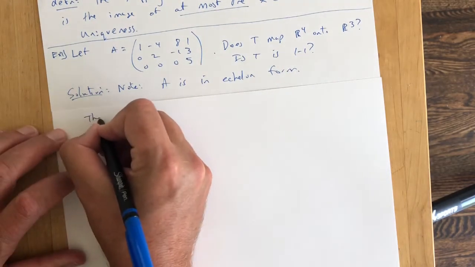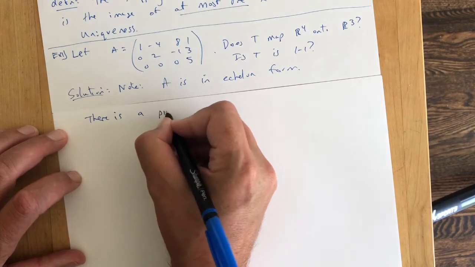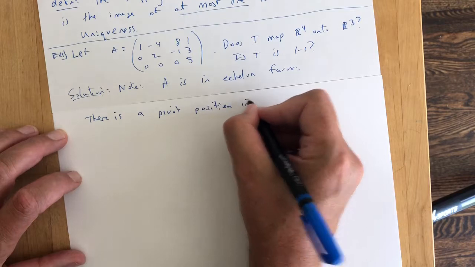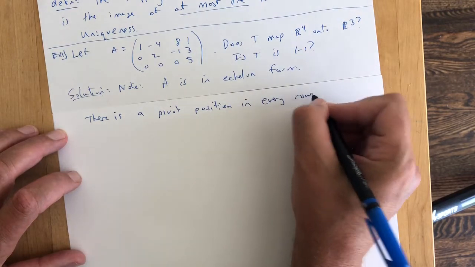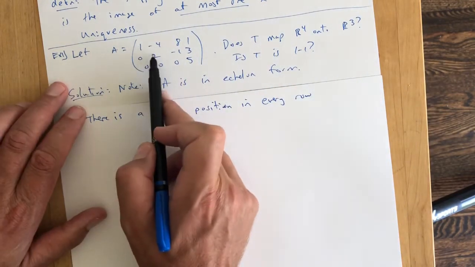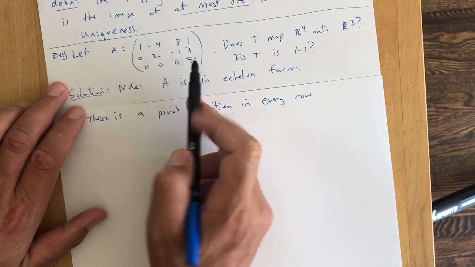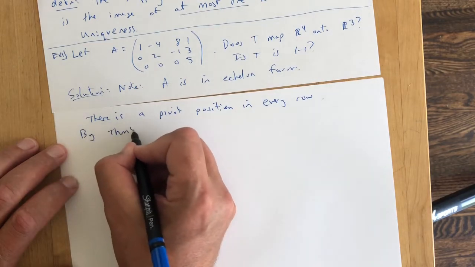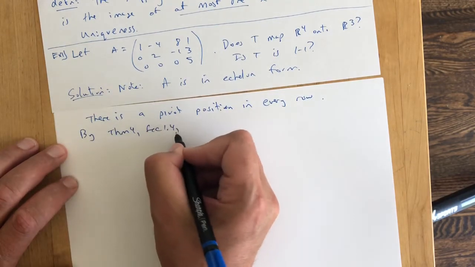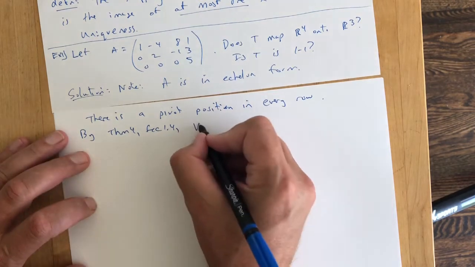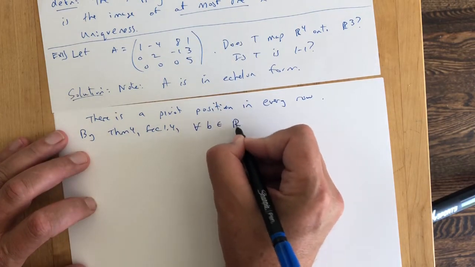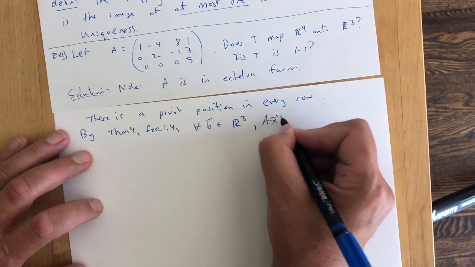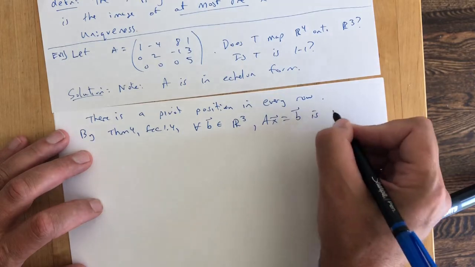There is a pivot position in every row, right? In row 1, there's this guy. In row 2, there's that guy. In row 3, there's that guy. So by theorem 4 in section 1.4, for every b in R3, Ax equals b has a solution. It's consistent.